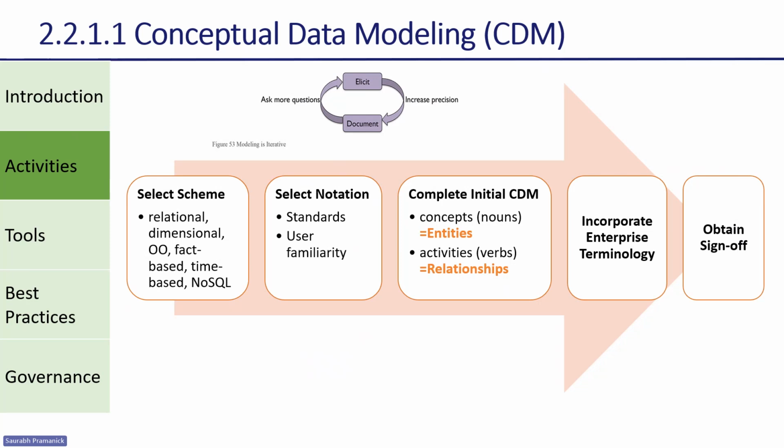We have seen so many different types of notations, right? Whether we're going to have object-oriented modeling or dimensional-based modeling, these are things I identify as part of the modeling creation aspects. Next, once we have identified a lot of these components, I start creating the initial aspects of my data model.